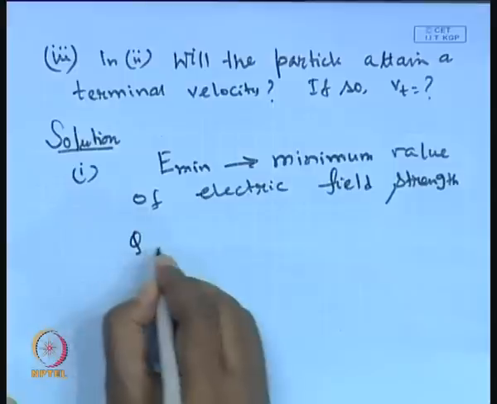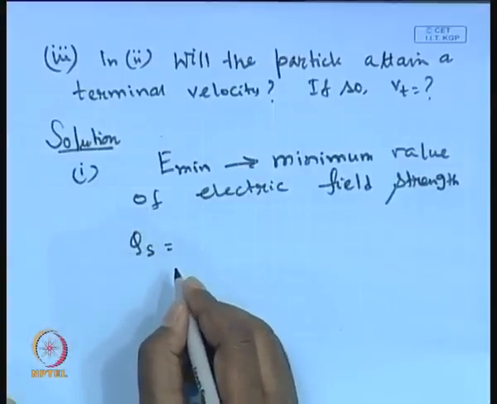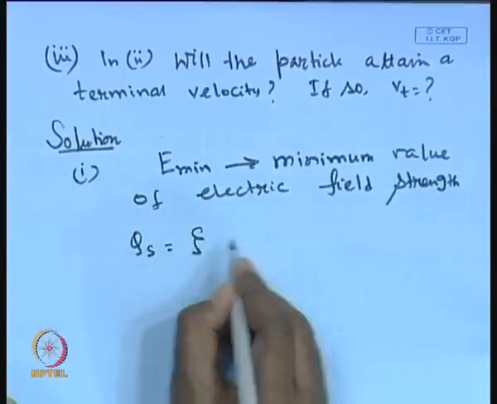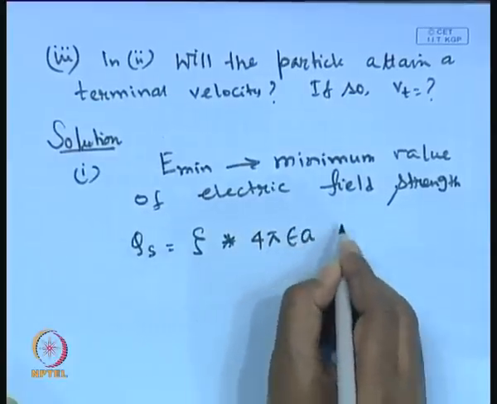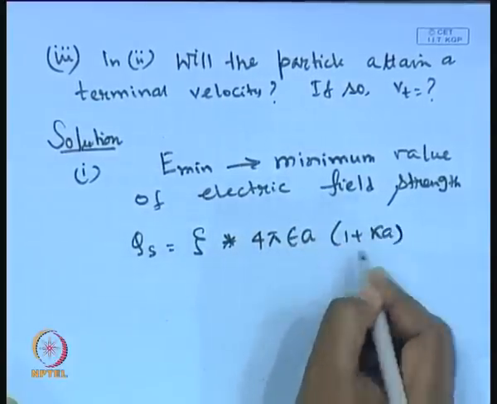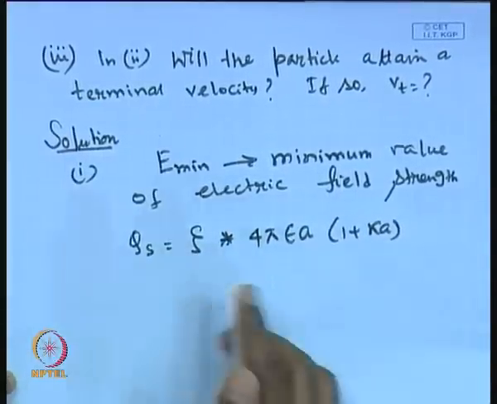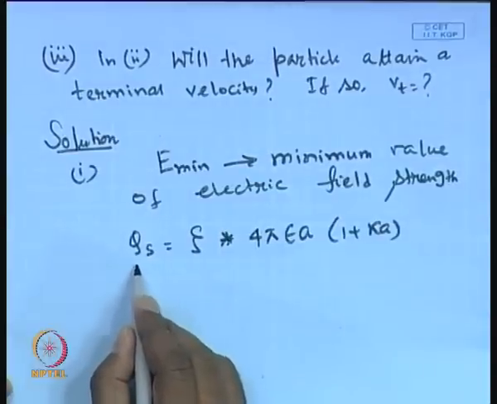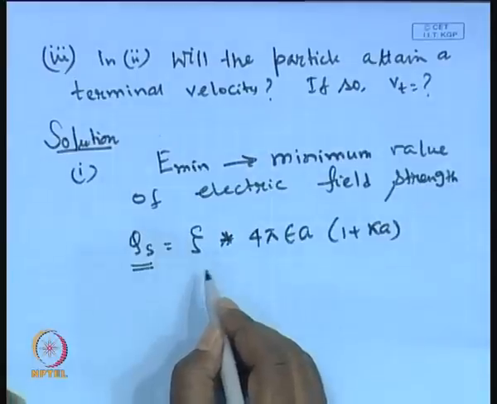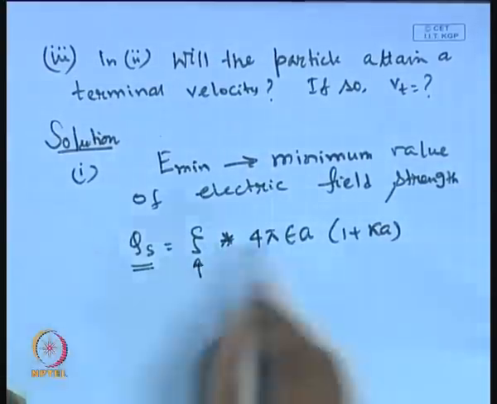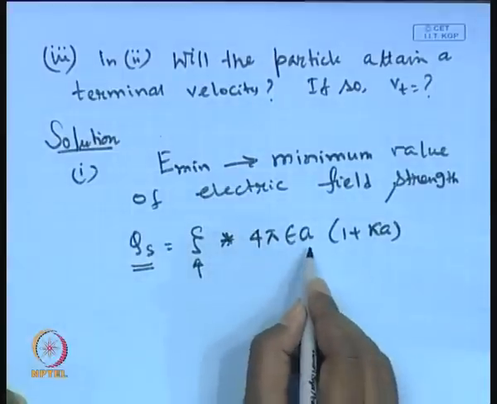Then Q, the surface charge of the particle, can be found out from zeta multiplied by 4 pi epsilon A into 1 plus kappa A. From this formula we can get the surface charge residing on the particle, because you are measuring the zeta potential, so zeta value is known to you. 4 pi is a constant, epsilon is constant, it is water.